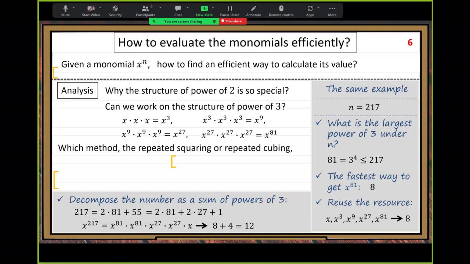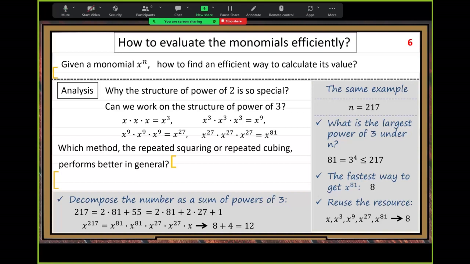After we learn these 2 techniques, which method, the repeated squaring or repeated cubing, performs better in general? Let me ask you this question.